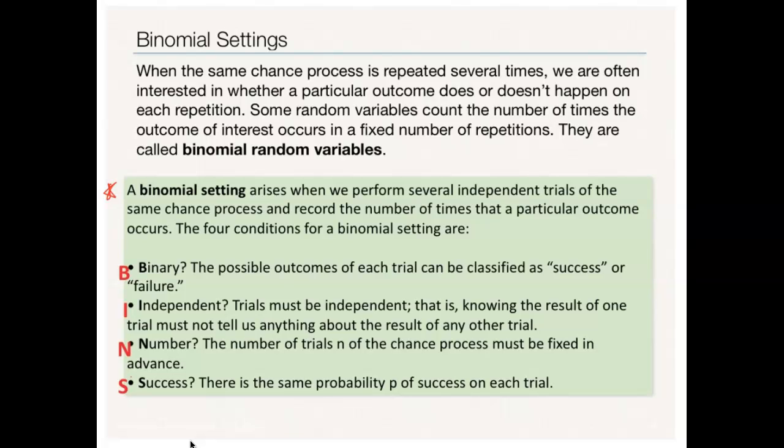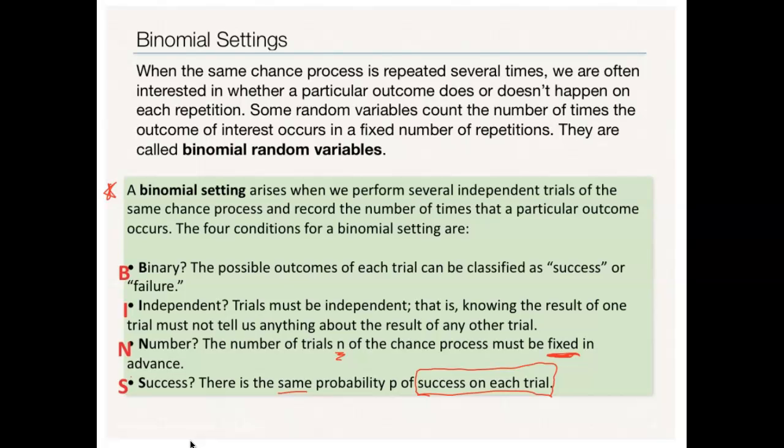N stands for number, and that just means the number of trials, n, of the process is fixed. There are a finite number of trials, and it's fixed in advance. And then S stands for success, and that means there's the same probability of success on each trial.